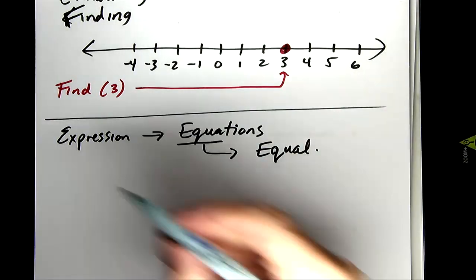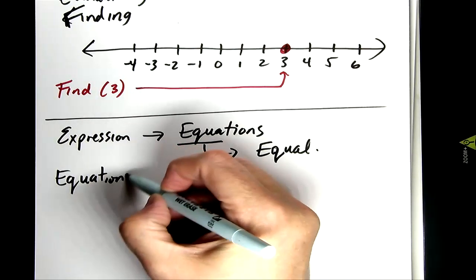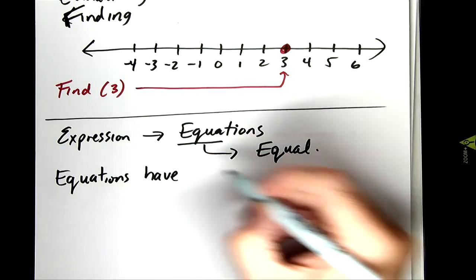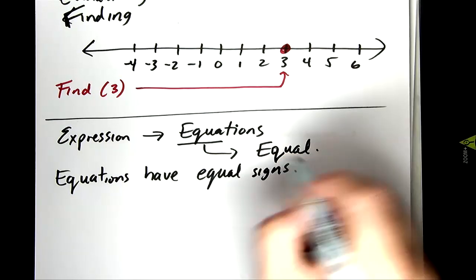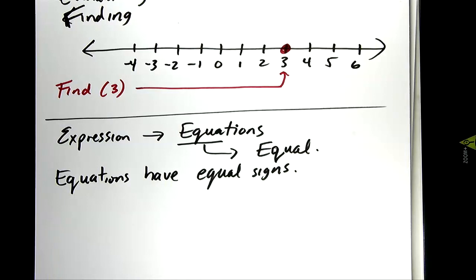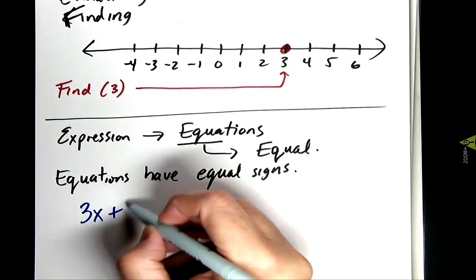Equations have equal signs. 3x + 1 = 10.